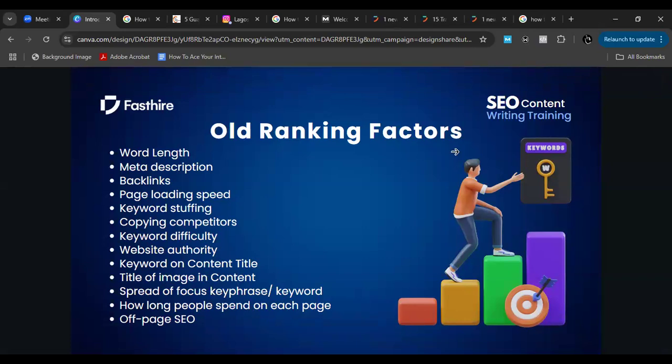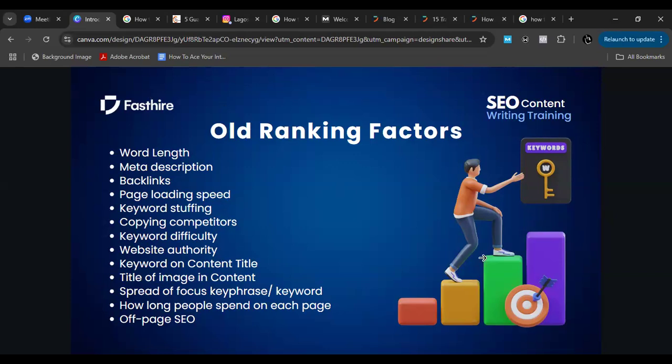Then off-page SEO, that one includes some technical stuff like how your website was set up, and other things you do outside of your content, like your website structure, how you structured your content into different categories and all of that.